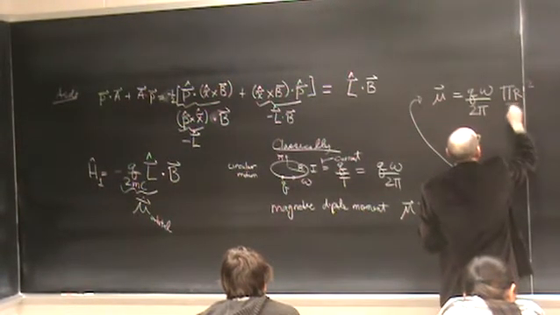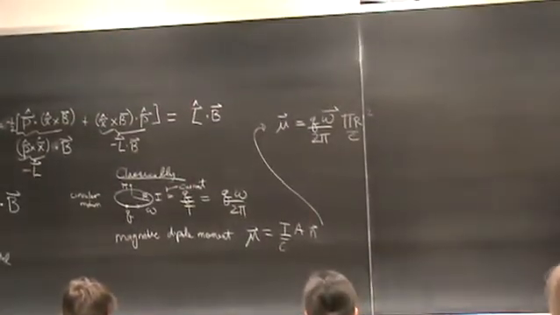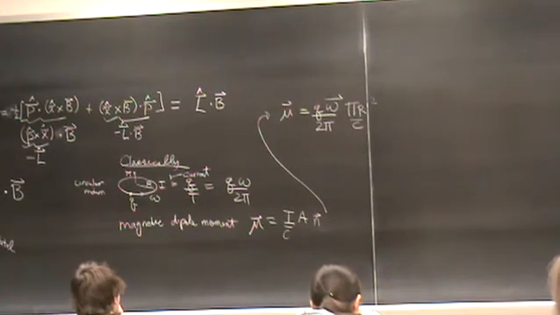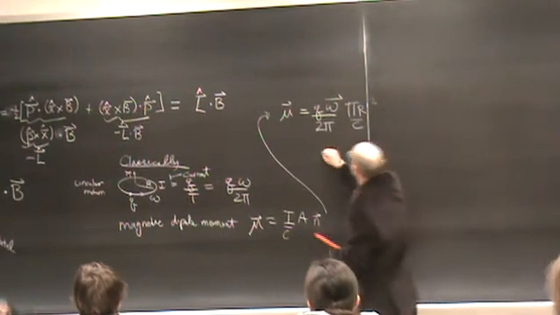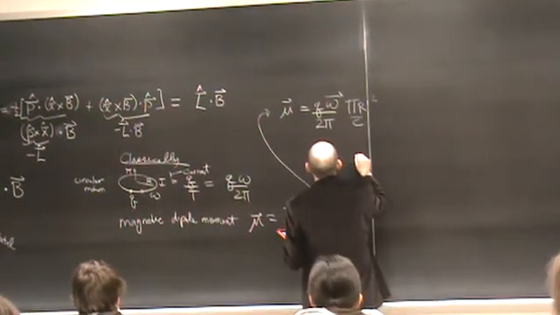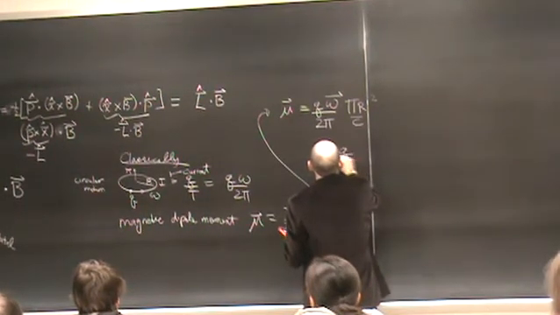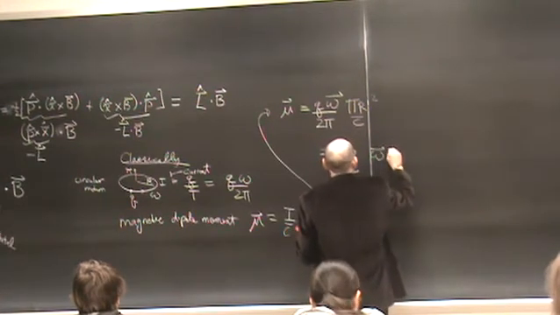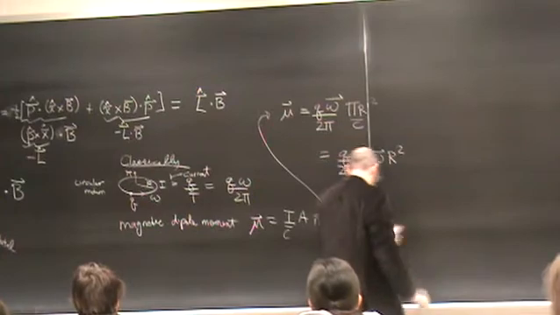And then I have c, and then in the normal direction, that's the direction of omega. This is thus equal to q over 2c, omega r squared.